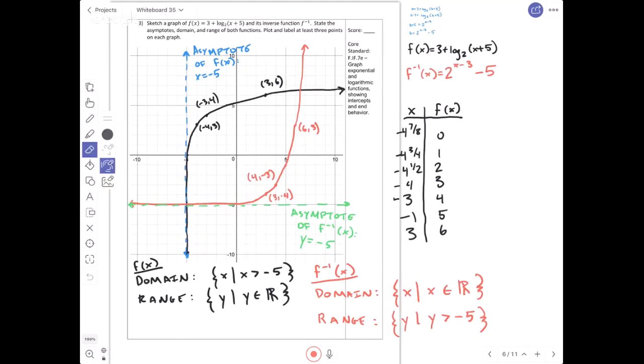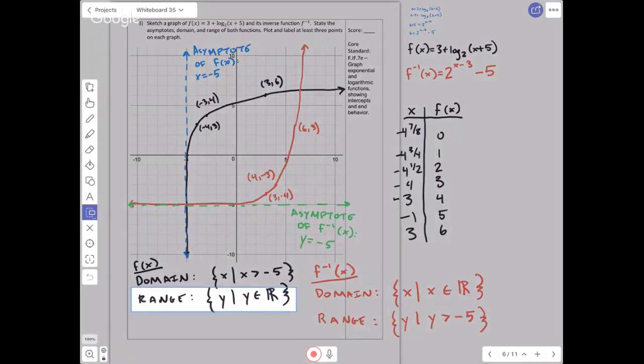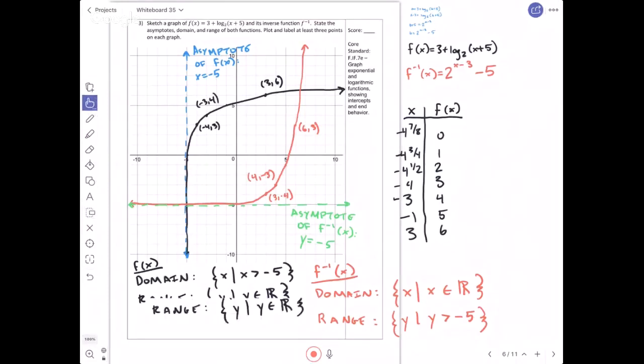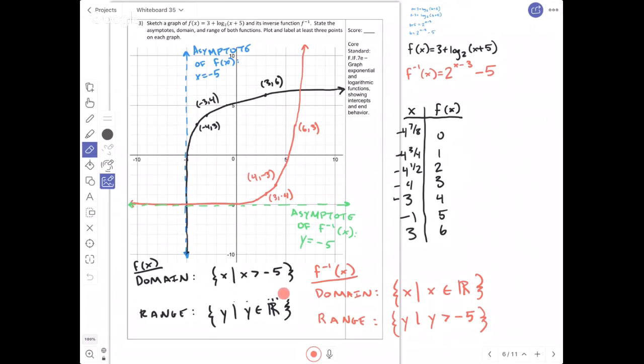Let me grab this so I can move it down, so there's a little more space. And then I'll erase here. So domain could also be written, or this looks like the set of values from -5 to infinity.